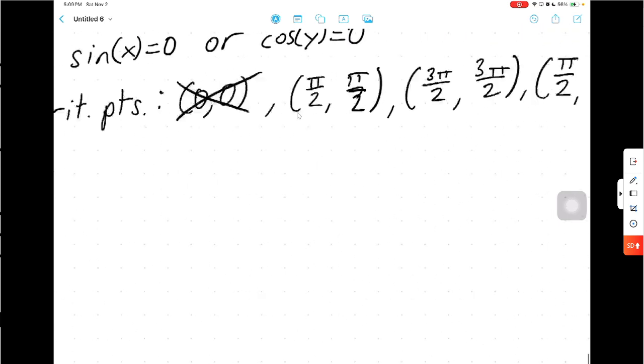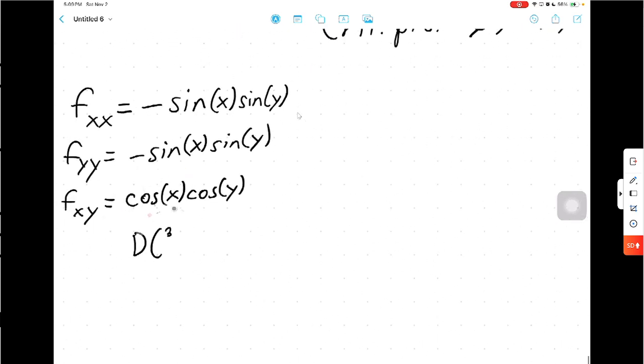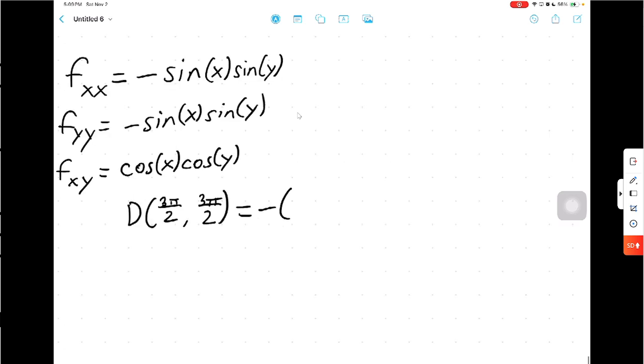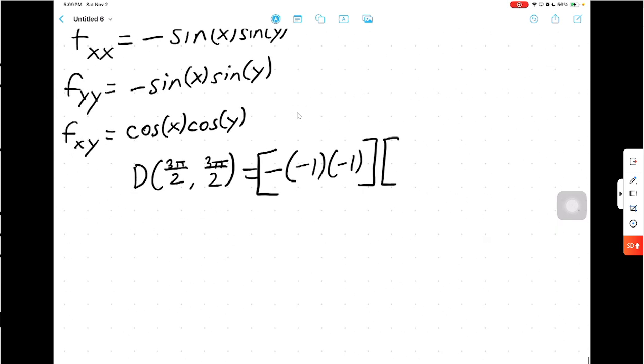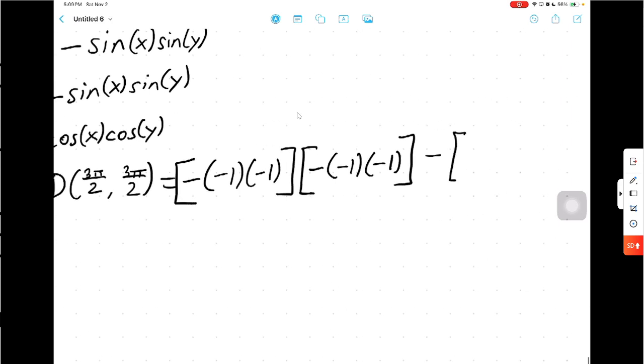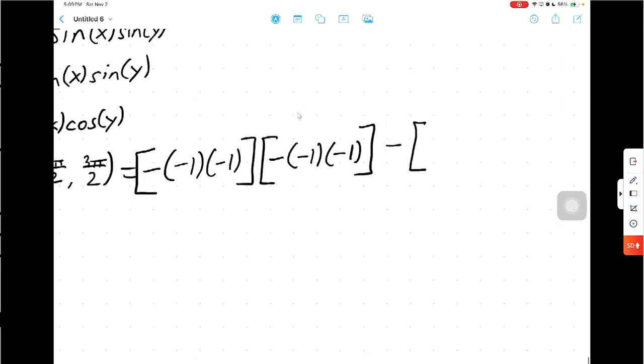So our D, evaluated at 3 pi over 2, 3 pi over 2, is going to be equal to negative sine of 3 pi over 2, which is negative 1, and then sine of 3 pi over 2 again is negative 1, times fyy, which is negative of the exact same thing, minus fxy, which is 0, squared.